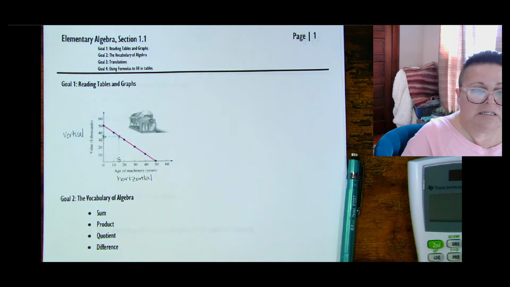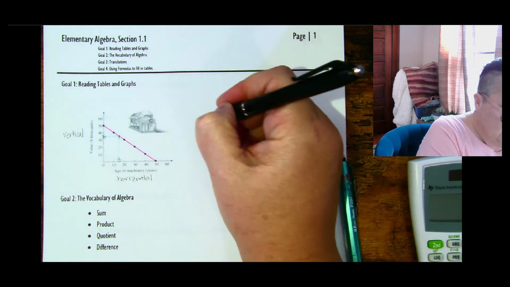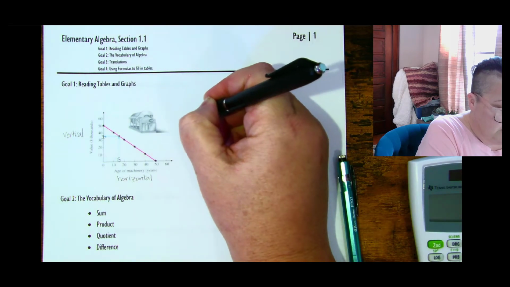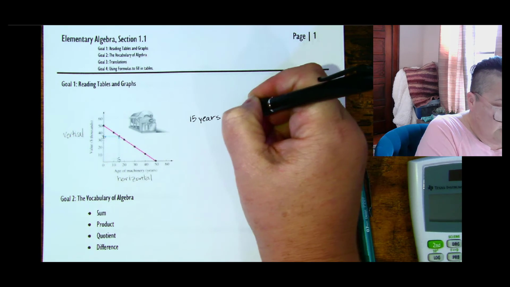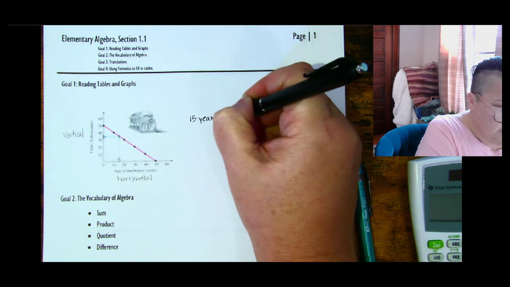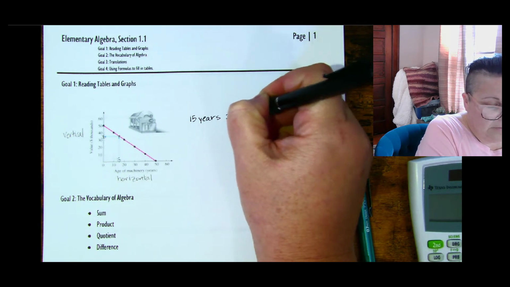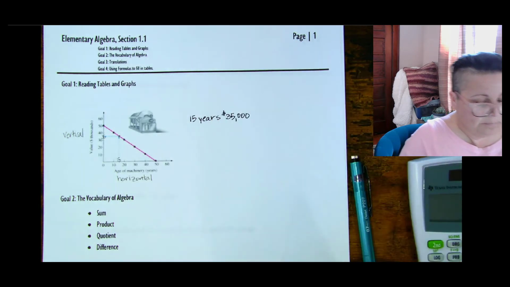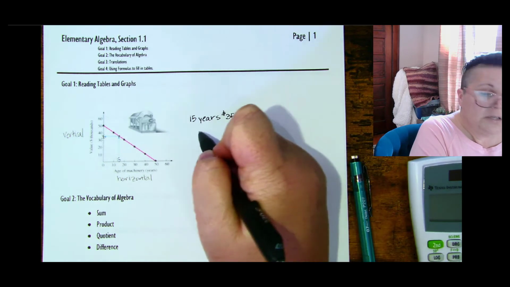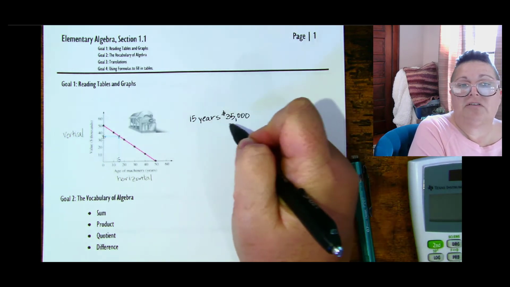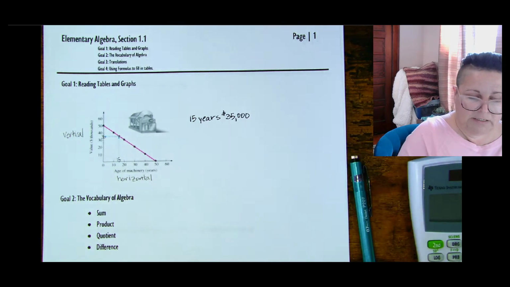So this tells us that the machinery at 15 years is $35,000. This gives us a point of reference so that we know 15 years is $35,000.